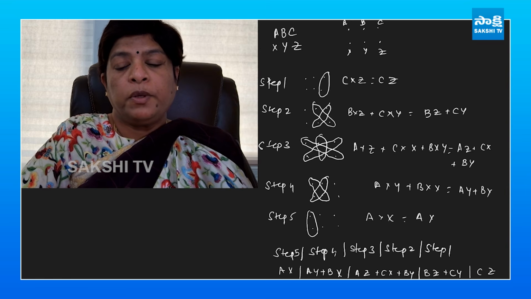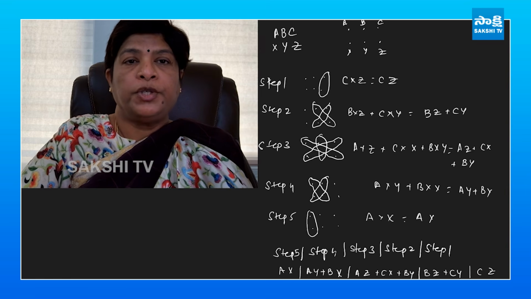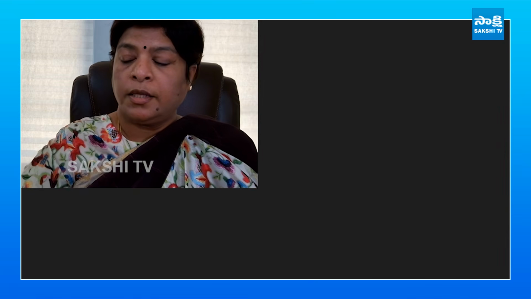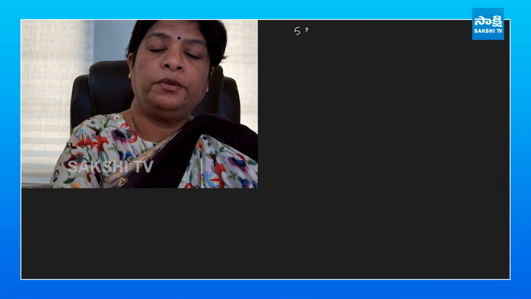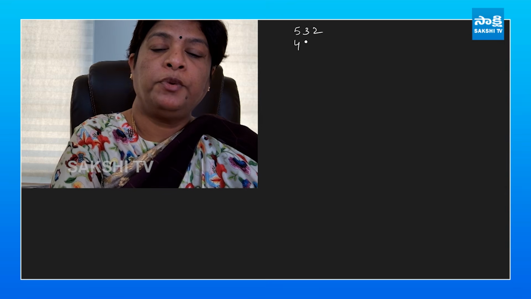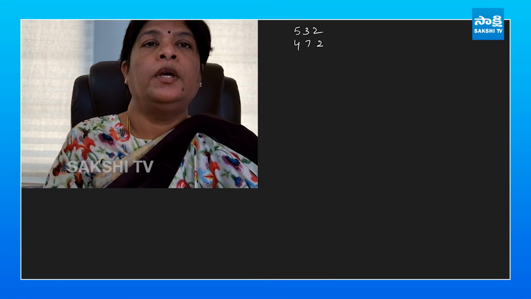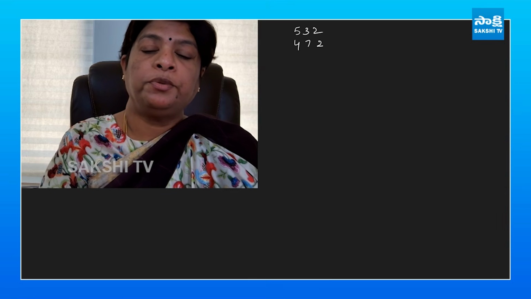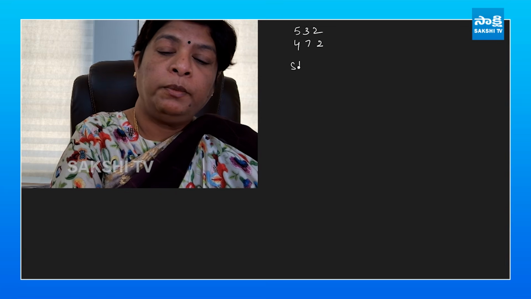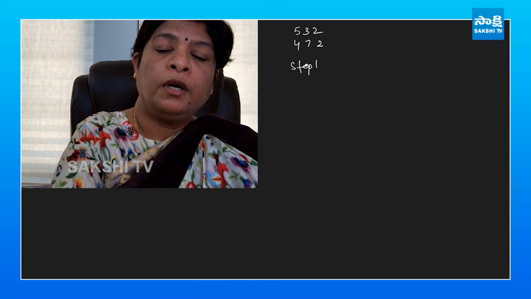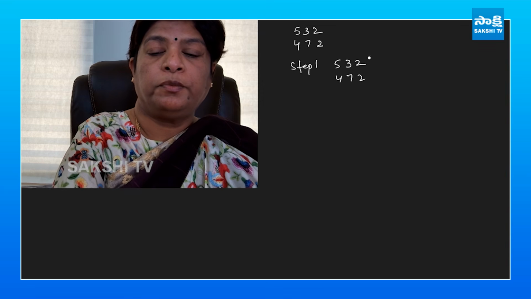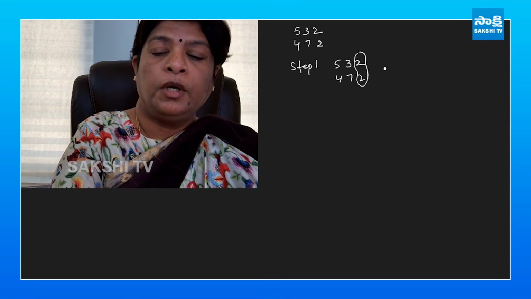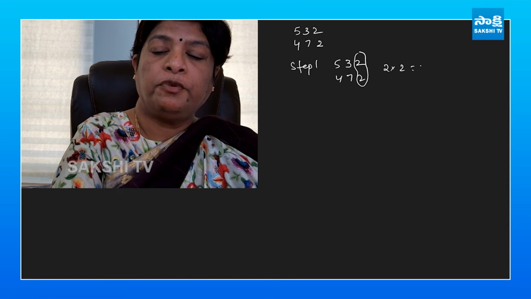So this is how we represent the dot diagram of a 3 by 3 digit multiplication. Let's see a 3 by 3 multiplication. So 532 times 472. Applying the Urdhva Sutra, step 1 will be the vertical multiplication of the ones place digit. 2 times 2 gives us a 4.